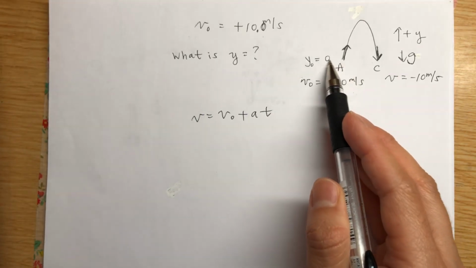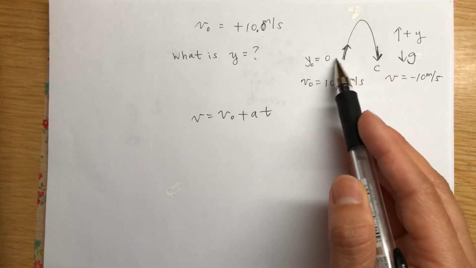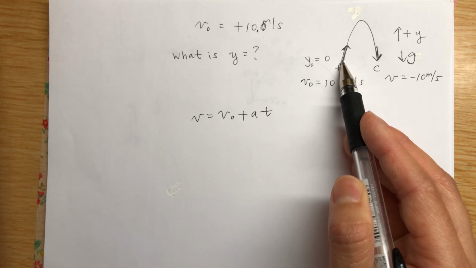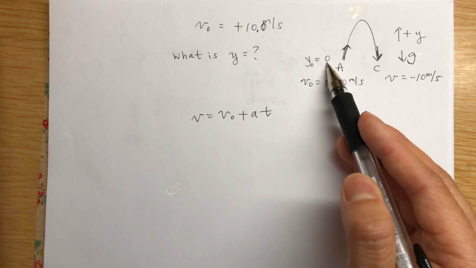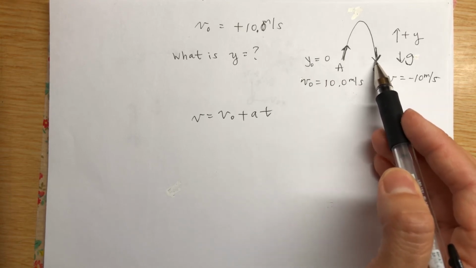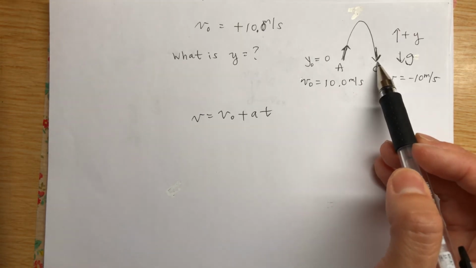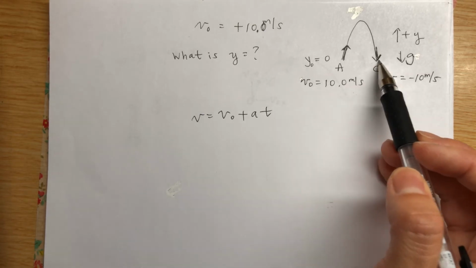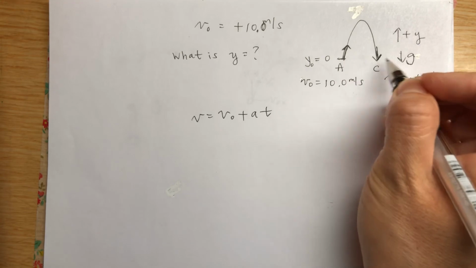Y naught is where it starts. We're going to make y naught 0 here where it starts. The interesting thing about this one is, what is y? What is the y height, the final position? This is her hand right here.